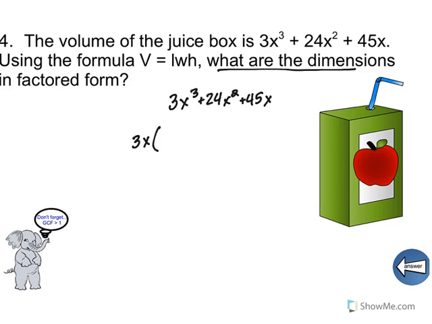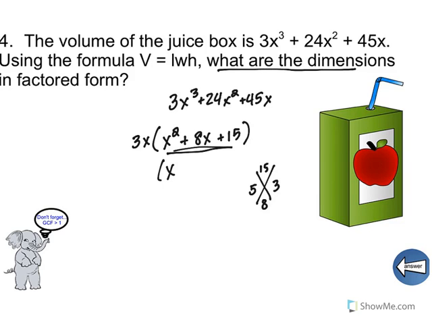So if I pull out 3x, I'm left with x squared for the first term. I'm left with 8x for the second term, and I'm left with 15 for that third term. And what you notice on the inside is that this is a regular trinomial where the coefficient is 1, and we can use the diamond method or the box method where we're looking for product and sum. So product of 15, sum of 8. I notice that those two numbers are 5 and 3.